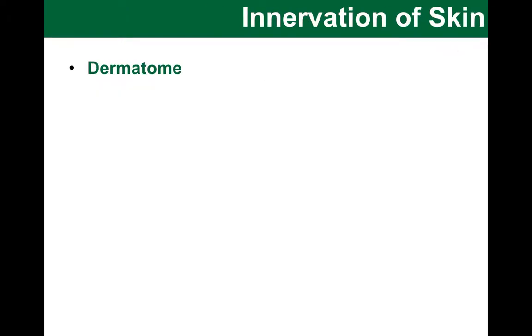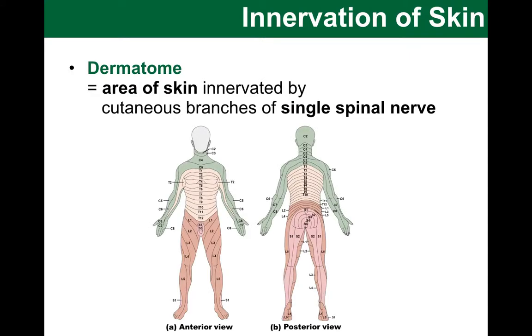Finally, to wrap up our discussion on spinal nerves, I want to briefly mention dermatomes. These are the areas of skin that are innervated by a single spinal nerve. And based off these, we can draw these maps of dermatomes. And why would this be useful, you might ask?